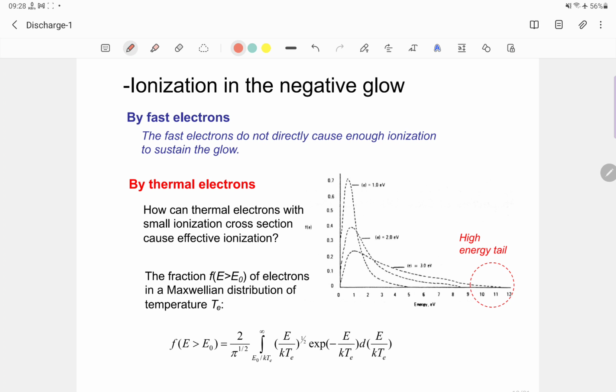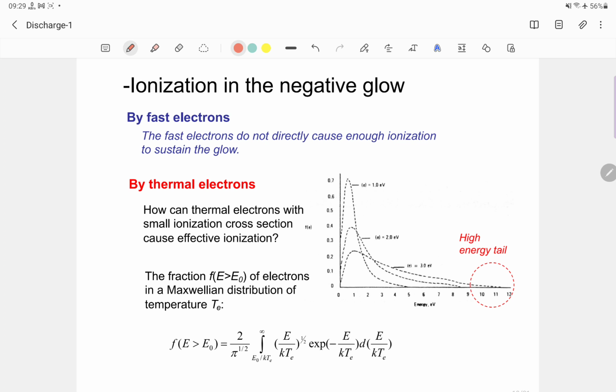So for example, if we say that the average electron temperature is 1 electron volt, so here is 1 electron volt. But the actual distribution of the electron energy follows this curve.